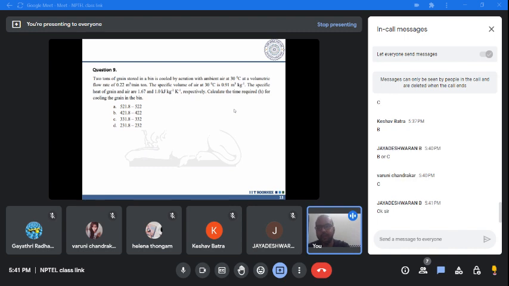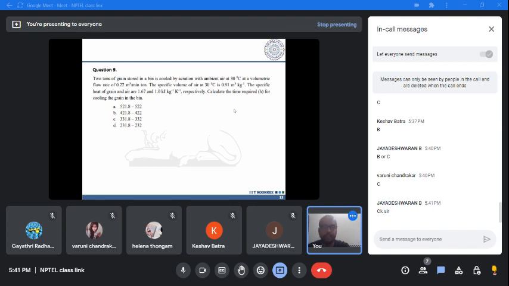Question 9. This is also a numerical question. 2 tons of grain stored in a bin is cooled by aeration with ambient air at 30 degrees centigrade at a volumetric flow rate of 0.22 meter cube per minute per ton.